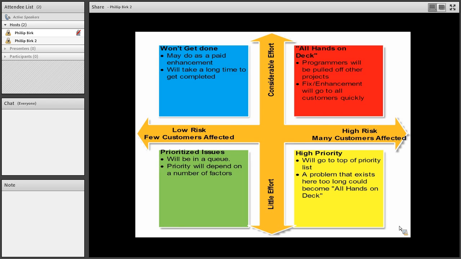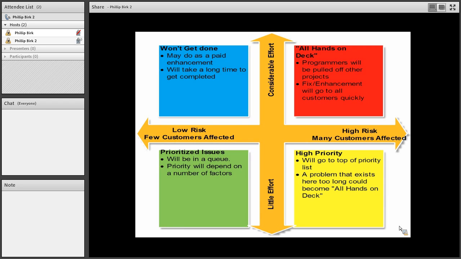You may have to have that done as a paid enhancement. Could take a long time to get completed. Since it's low risk and it's going to take a lot of effort, your vendor is going to think that this is something that's not going to have a significant enough payoff. On the other hand, if it's high risk and doesn't take much effort, that yellow box, that's going to go to the top of their priority list.